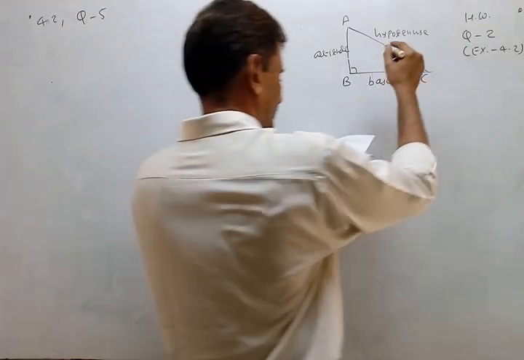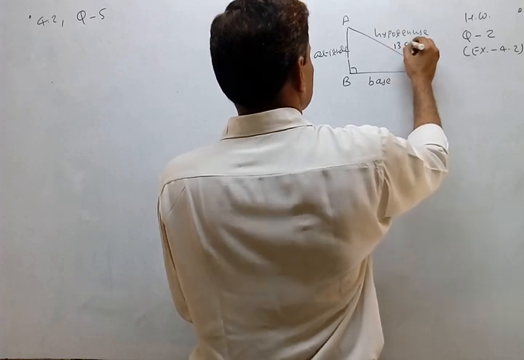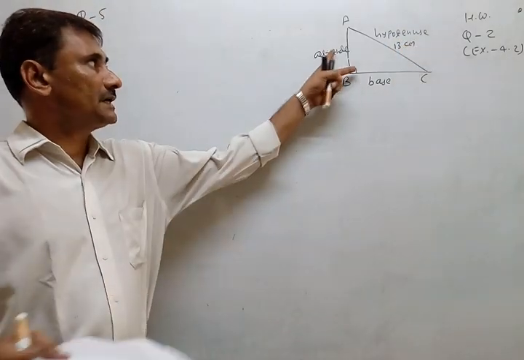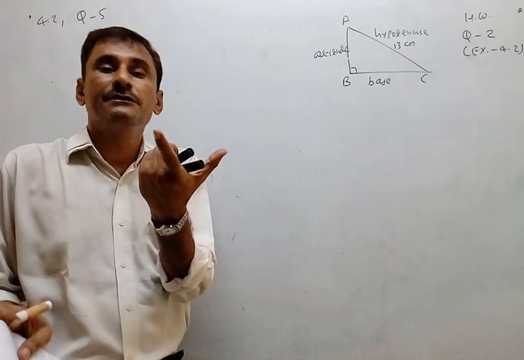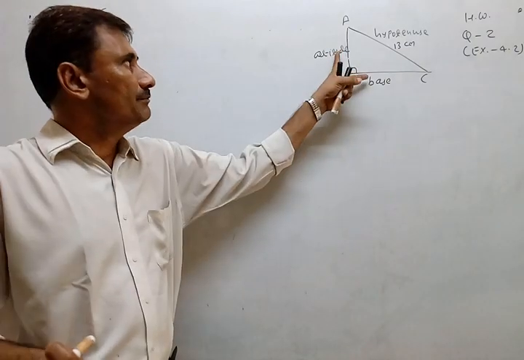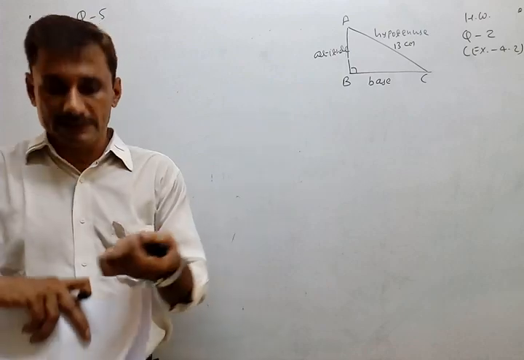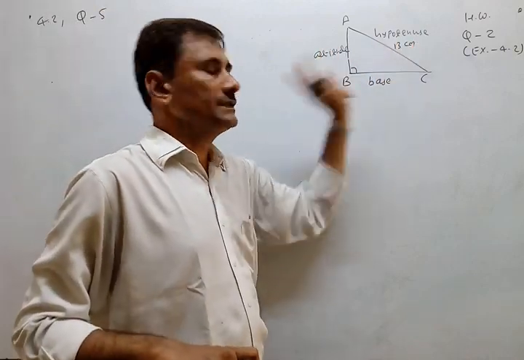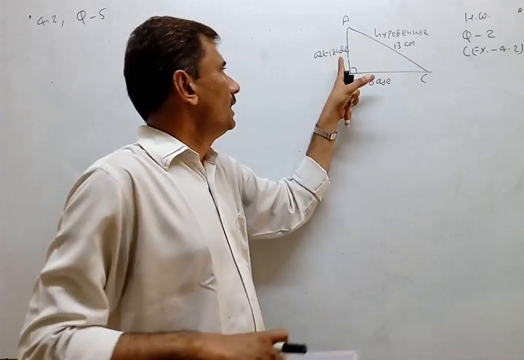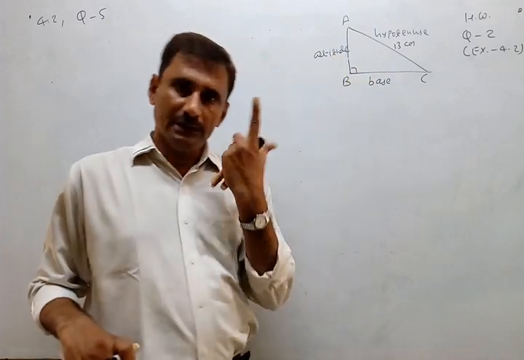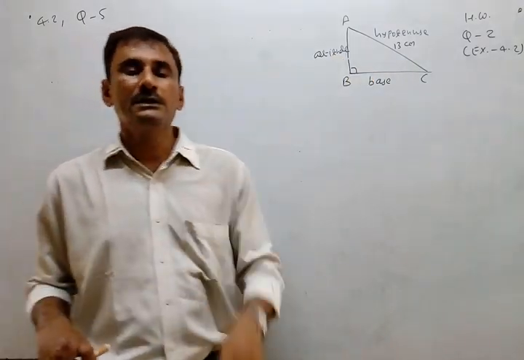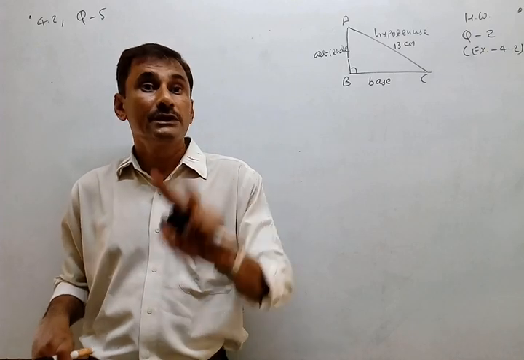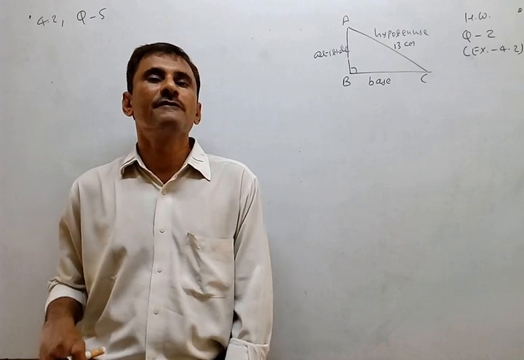Hypotenuse is 13 centimeter. Altitude and base are not given, but the relation between them is given. Out of these, suppose any one. Earlier, in the rectangle sum in 4.1, I told you there was the length and breadth of a rectangular field.